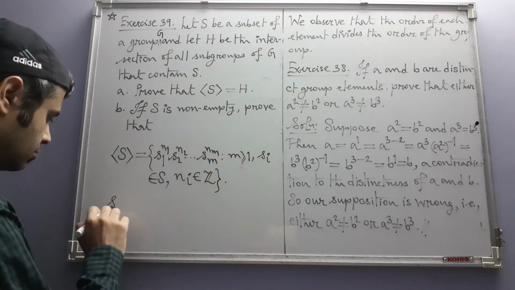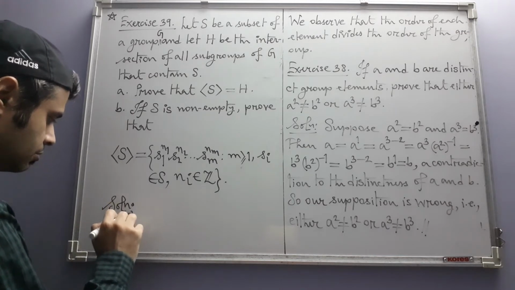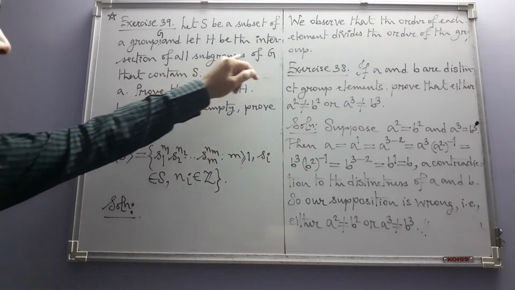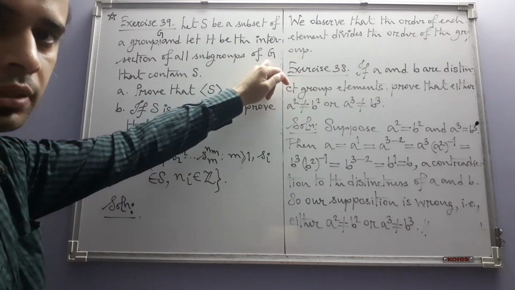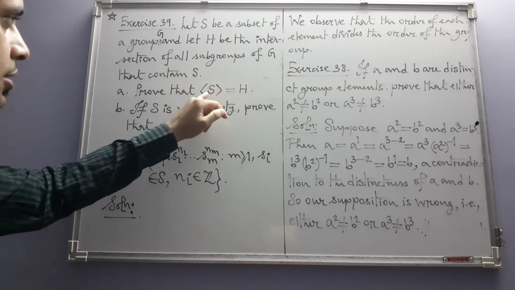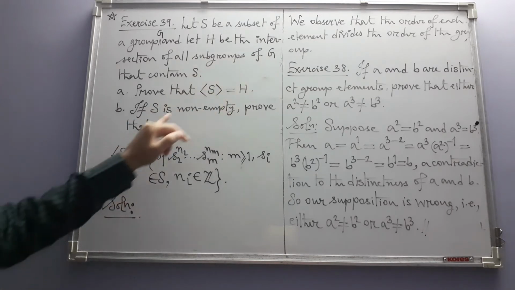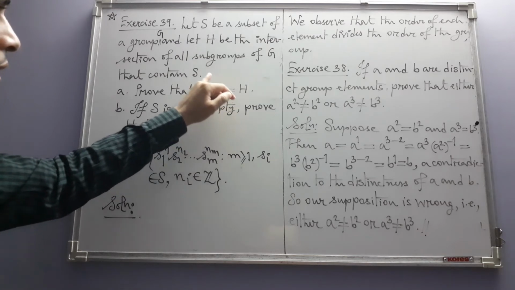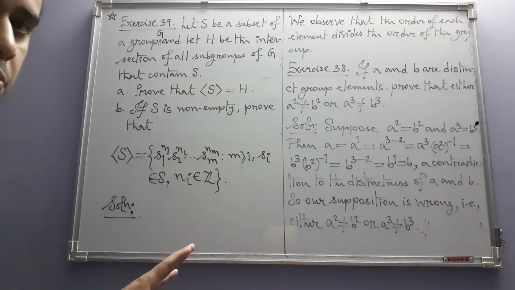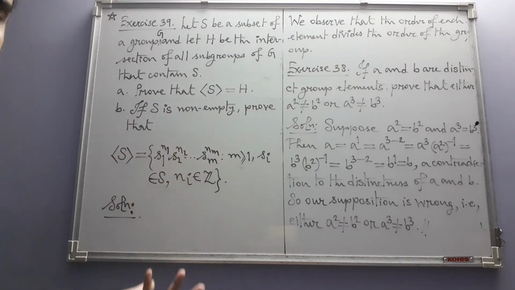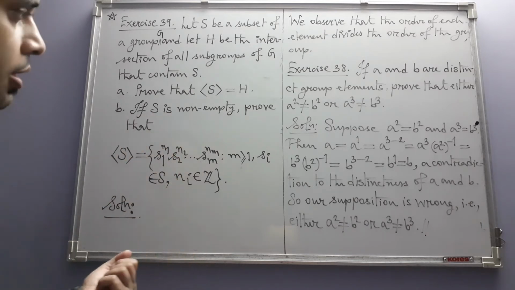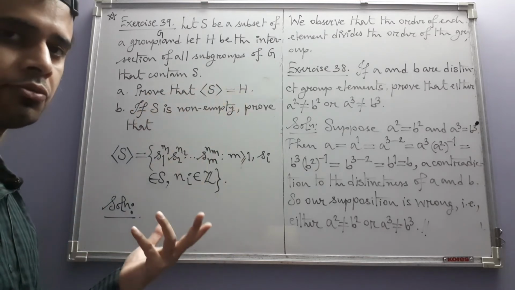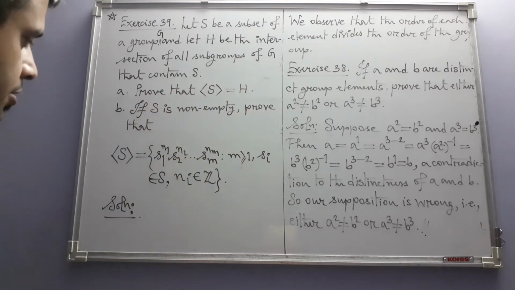Okay. Now if a subset S of a group G is given, then according to the definition, the subgroup generated by S is the smallest subgroup of G that contains S. We have to prove that it equals the intersection of all subgroups of G containing S.